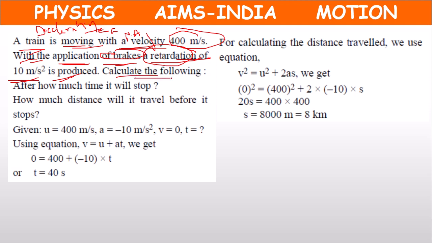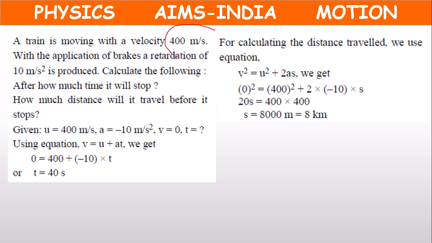So calculate the following. First one, after how much time will it stop? That is one question. How much distance will it travel before it stops? That is another question. Given that, the initial velocity is 400 meter per second and the retardation 10 meter per second square.